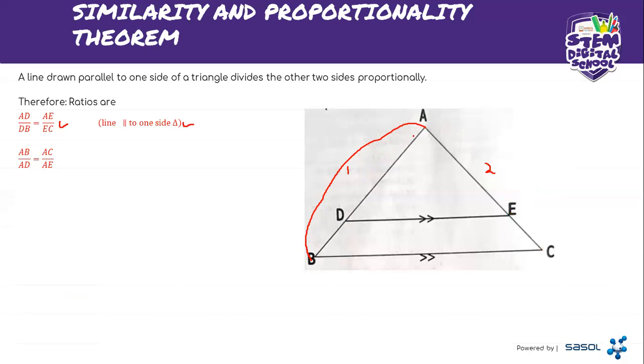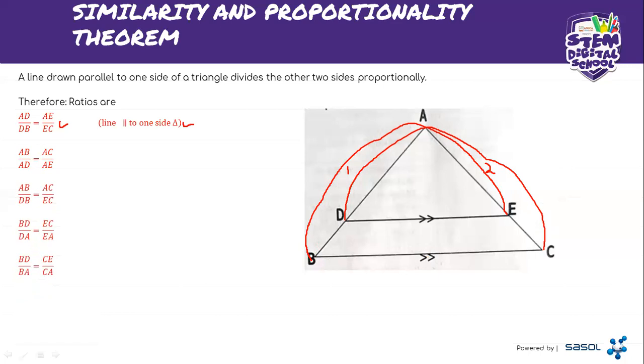We first said AB, now divided by AD, right? We can see the way we have moved on the left-hand side. You must also do the same on this side to say AC divided by AE, right? Then immediately after writing that, you write the reason: line parallel to one side of a triangle, always. So don't forget that.